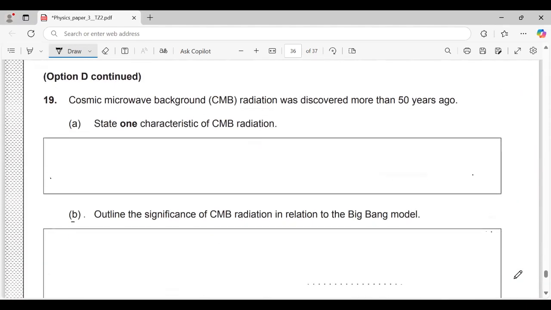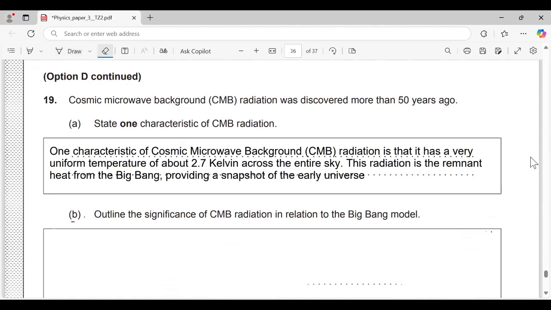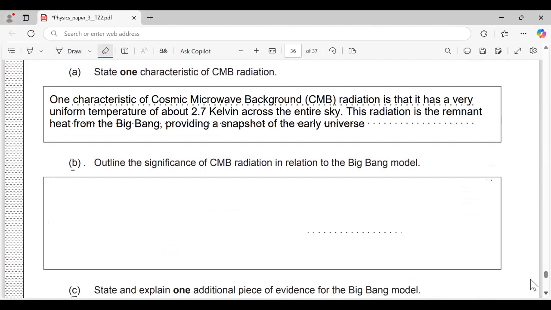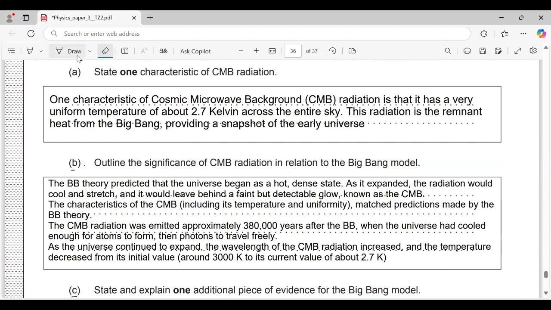Question 19. Cosmic microwave background (CMB) radiation was discovered more than 50 years ago. State one characteristic of CMB radiation. I have provided my explanation about this as well. CMB means cosmic microwave background. And question B, outline the significance of CMB radiation in relation to the Big Bang model. I have provided one also.